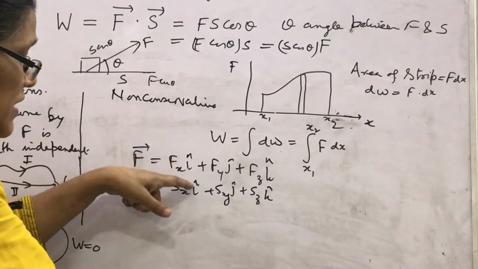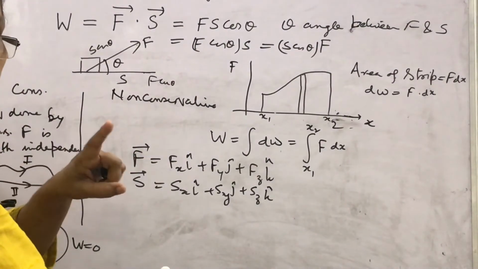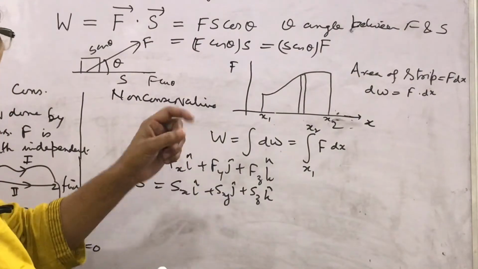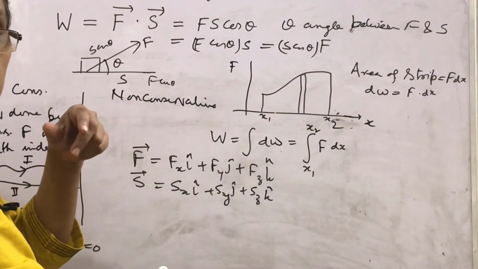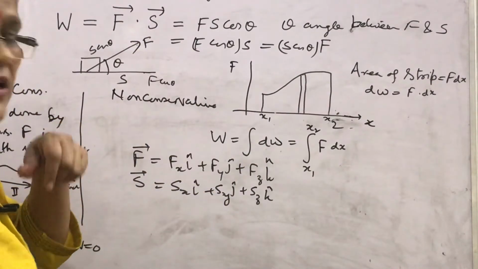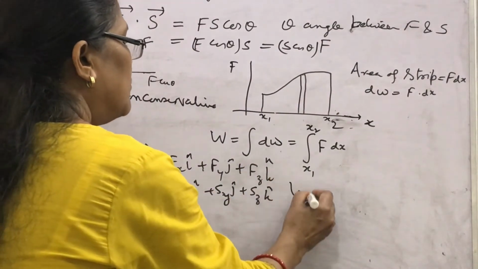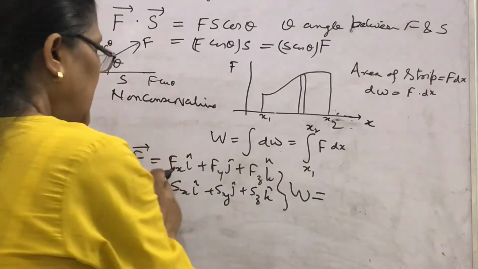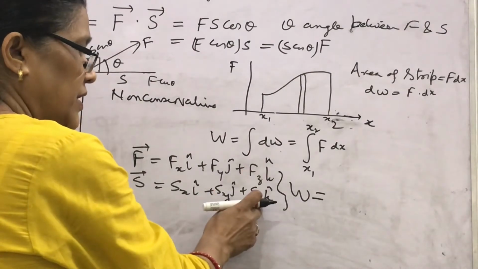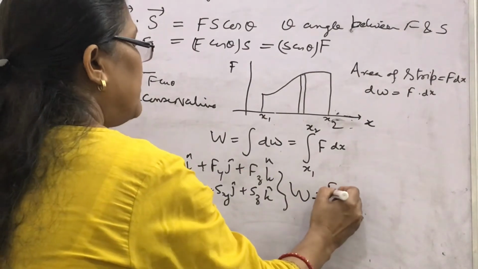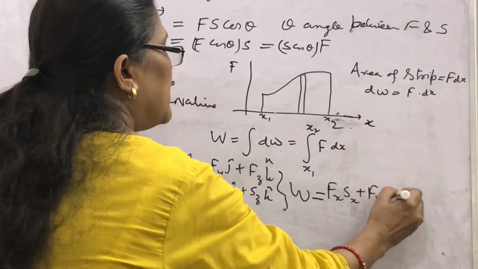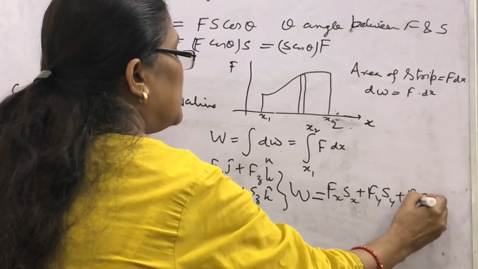You know i dot i is 1, but i dot j and i dot k are 0 because they are perpendicular, orthogonal vectors. What are i, j, k? Unit vectors along the x, y and z directions. Then the work done will be i into i term multiplication, j into j and k into k. What will you get? fx into sx plus fy into sy plus fz into sz.